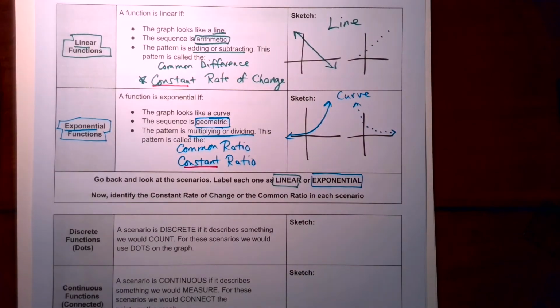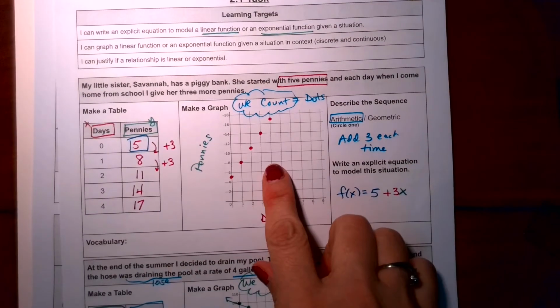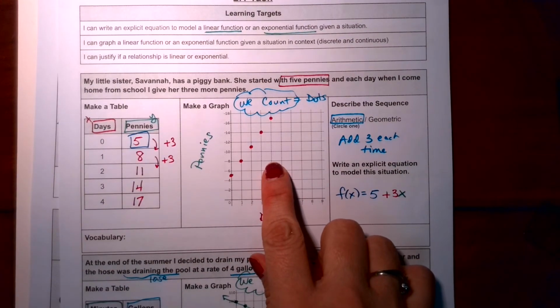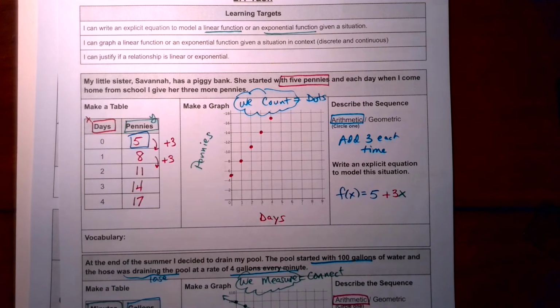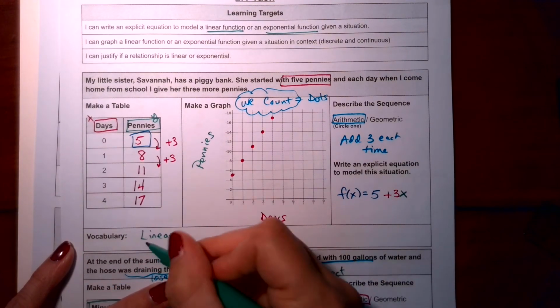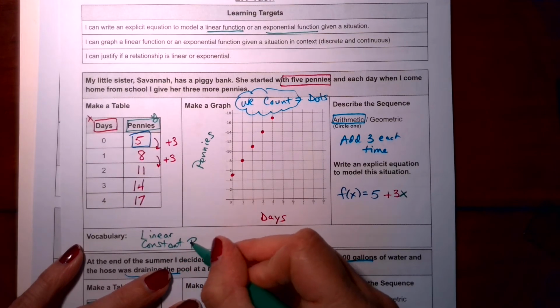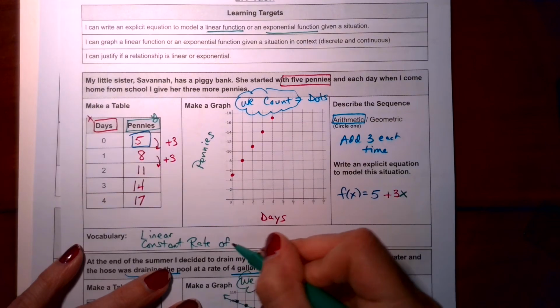Our first example here: was this first piggy bank linear or exponential? The answer is linear, and we're going to add the words constant rate of change.